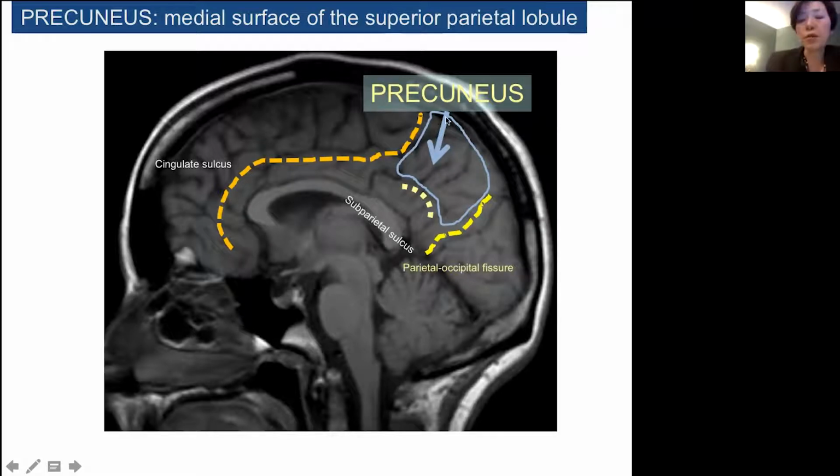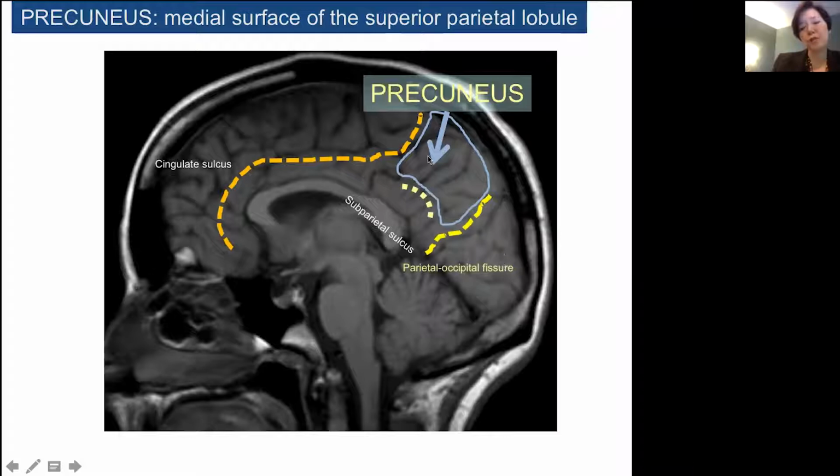The precuneus is an important structure because visual information goes to the sensory motor cortex. That's where the spatial information goes in. In Alzheimer's patients, oftentimes you can see the functional deficiency in the posterior cingulate gyrus. This component is very well known to have volume loss in Alzheimer's disease.